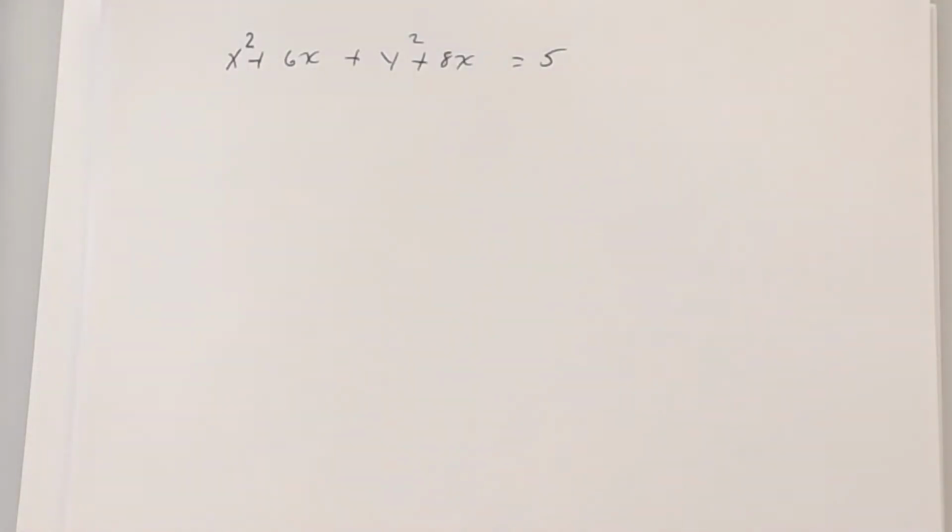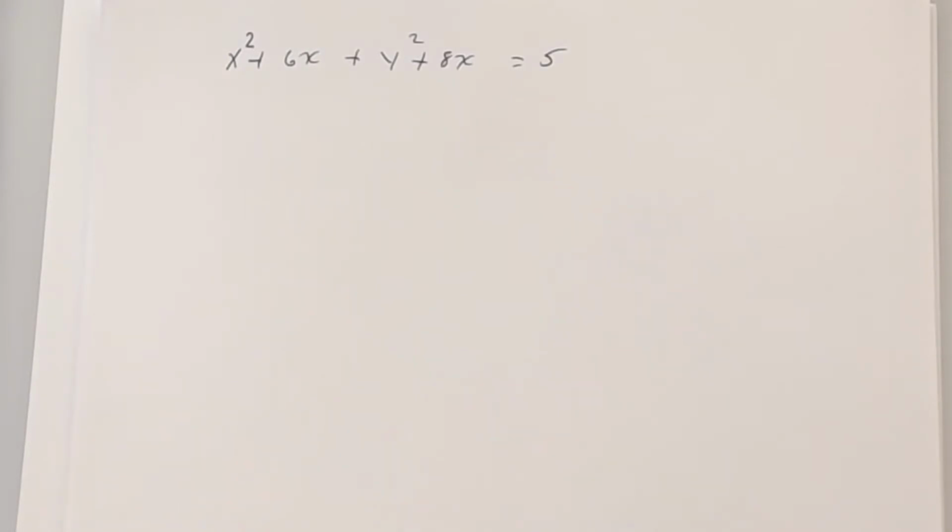All right, go ahead and write this down. Now, is this a quadratic equation? No, it is not a quadratic equation. Why is this not a quadratic equation? I have an x squared, but what makes it not quadratic? I have y squared.